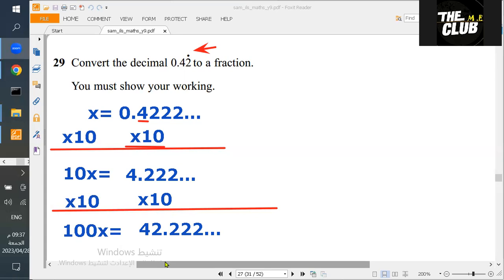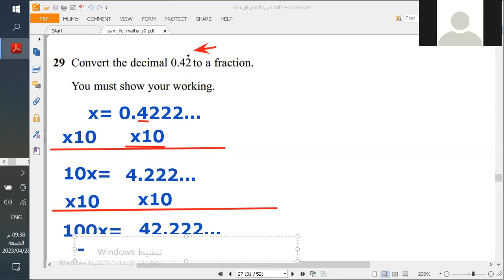Yes, 99x equals. No, Mister, it's not going to equal 42, because you've got to subtract: 42.222 minus 0.4222 gives 41.7998. Let's do it, this is minus x here.